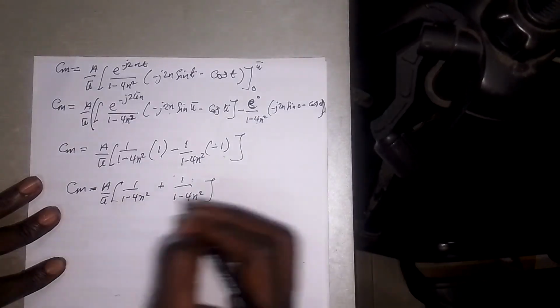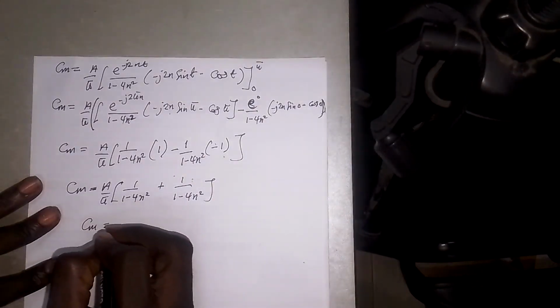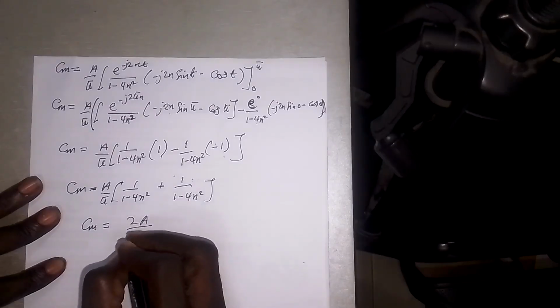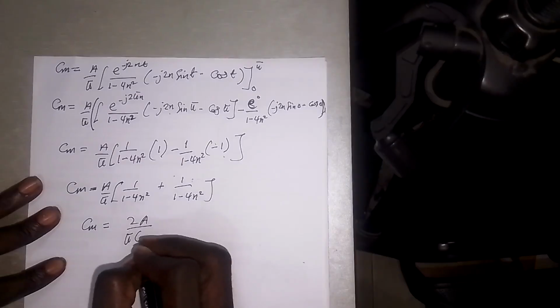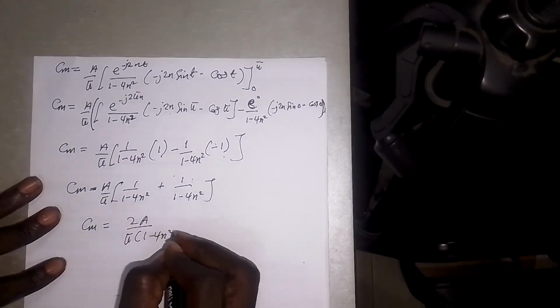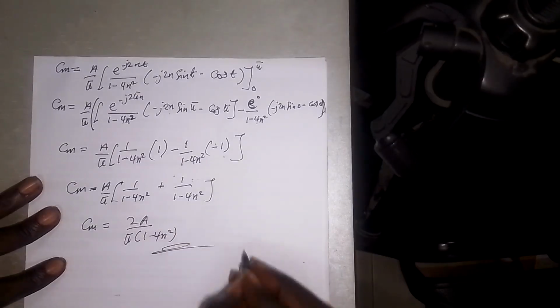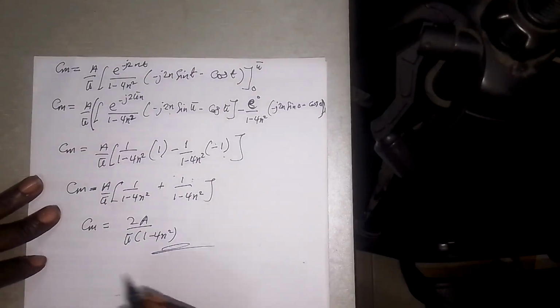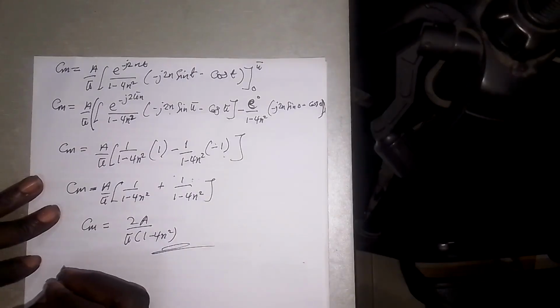So now Cm is equal to 2A over pi into 1 minus 4n squared. This is what you're going to get for your Cm.